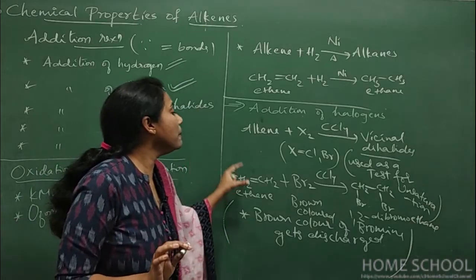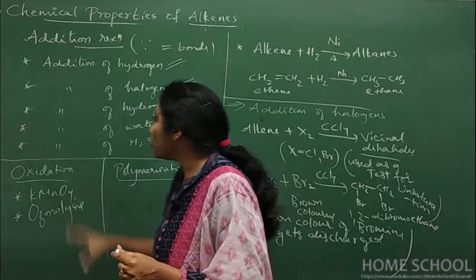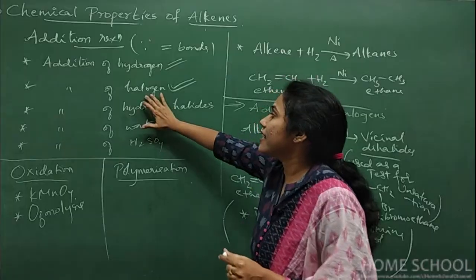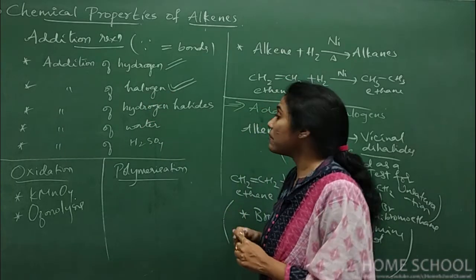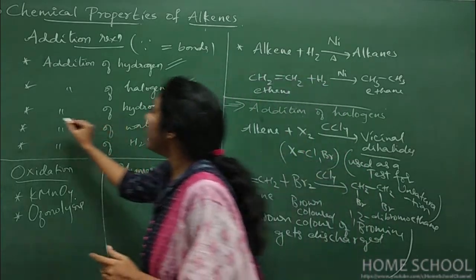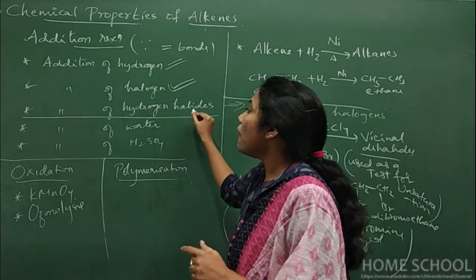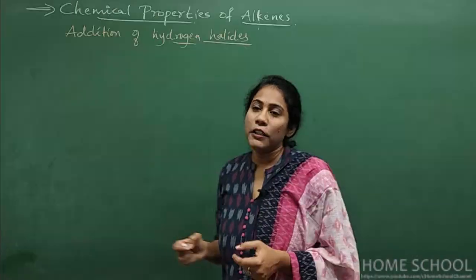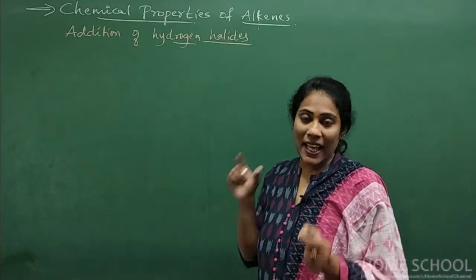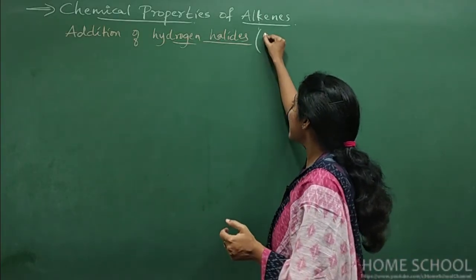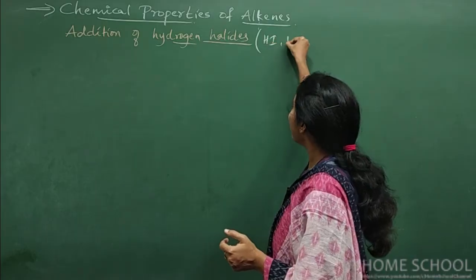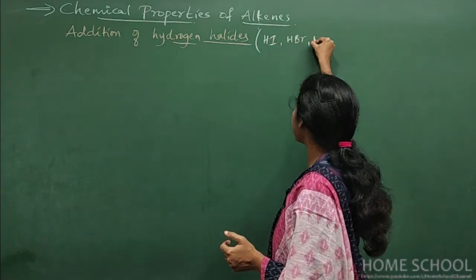So this is one important point that you need to know about this reaction, that is, addition of halogen. And now we will go for a very, very important type of reaction, addition of hydrogen halides. Hydrogen halides, in the sense of acids like HI, HBr and HCl.